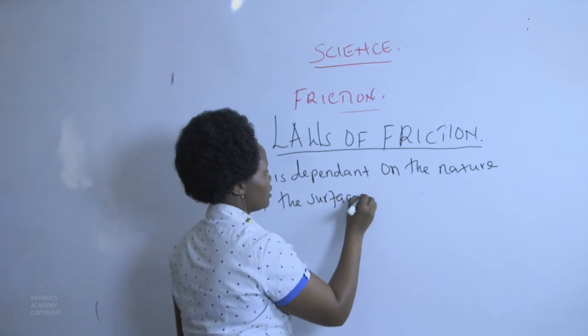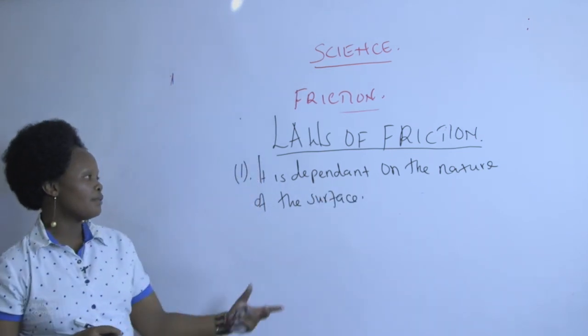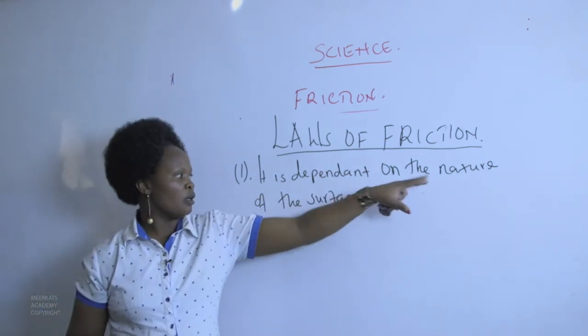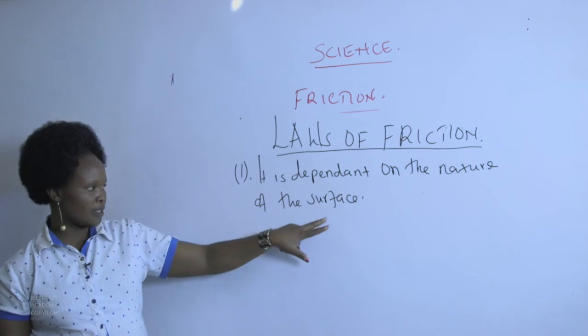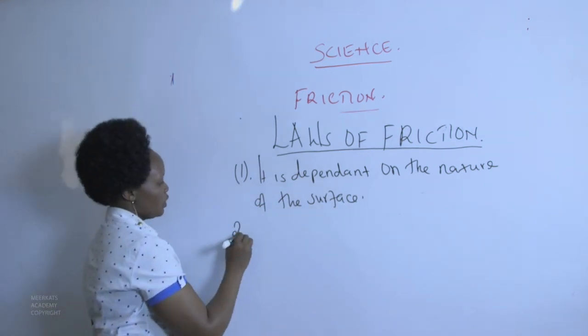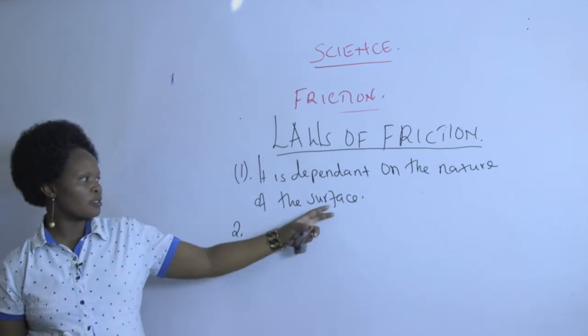When we are discussing the factors affecting friction, we are able to point out that the nature of the surface dictates the amount of friction that is going to be experienced.